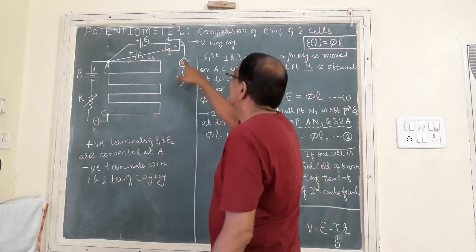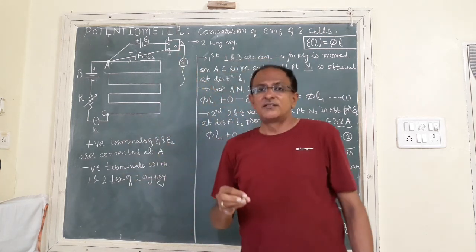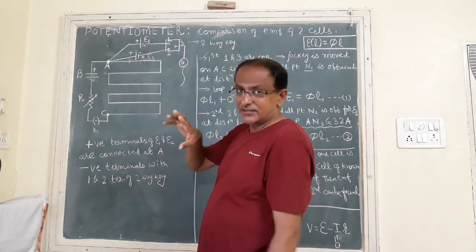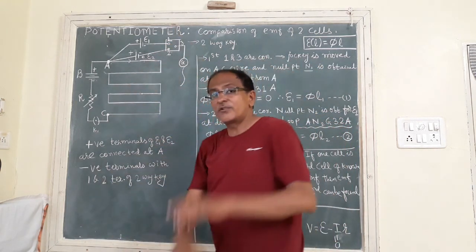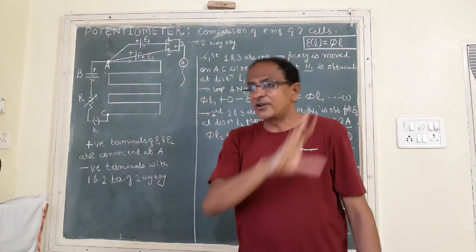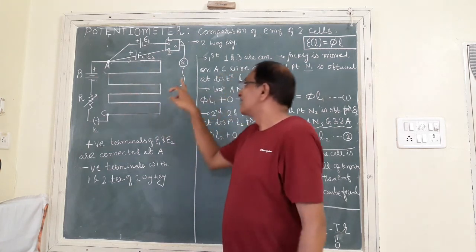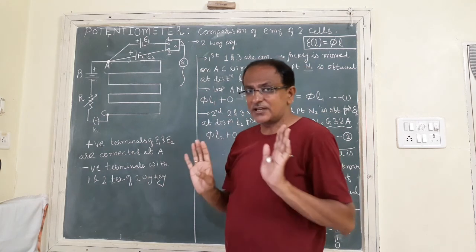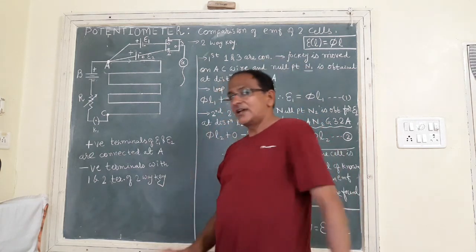Whenever the galvanometer shows zero deflection, we can say that the null point is obtained. To find the null point on the potentiometer wire, this free end is utilized. So this is the arrangement of the whole apparatus.